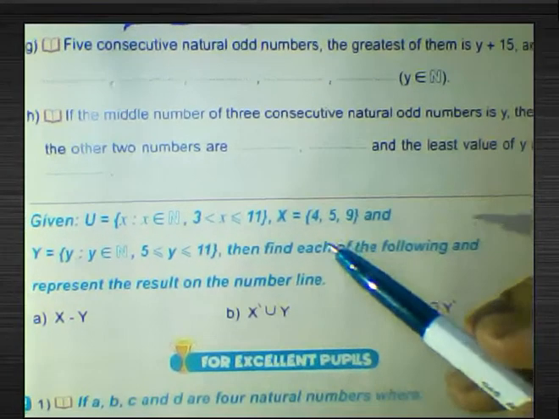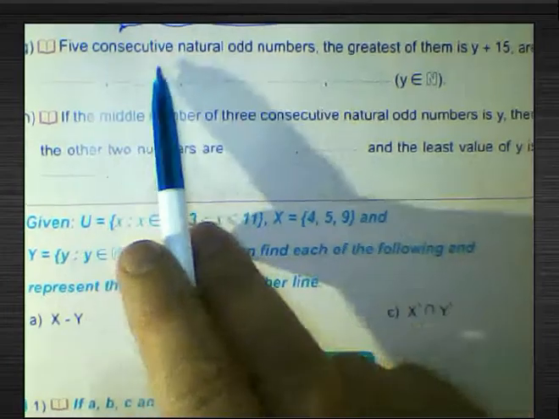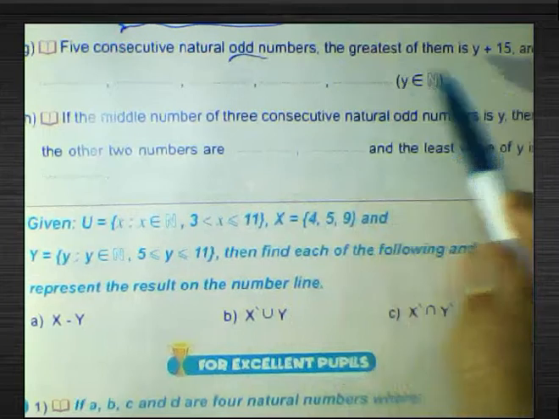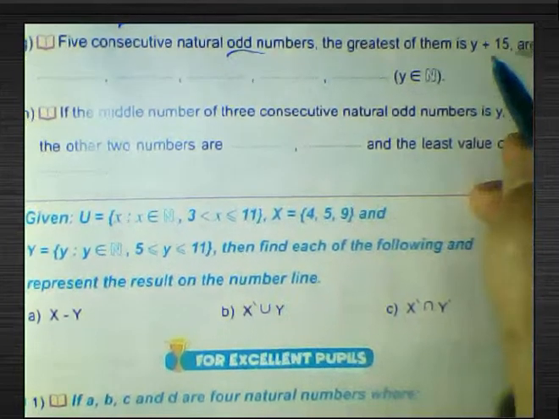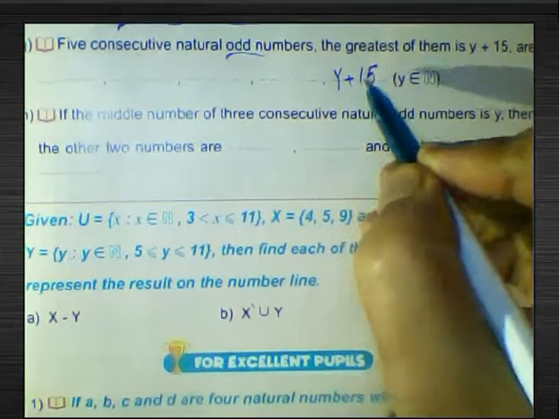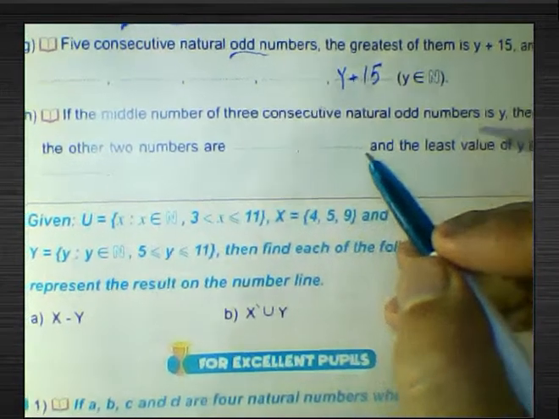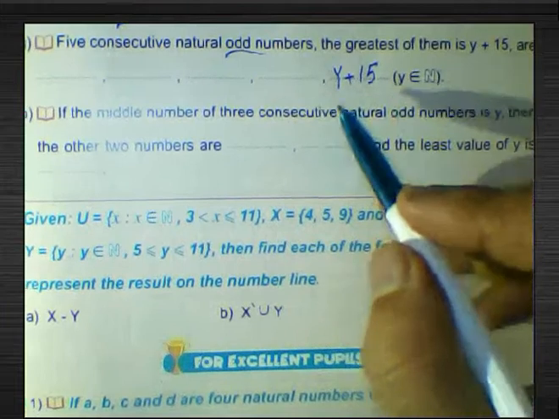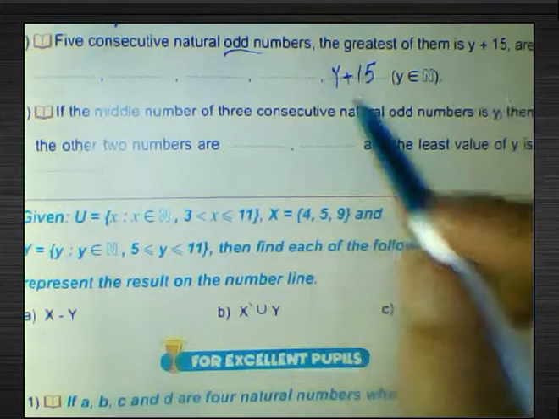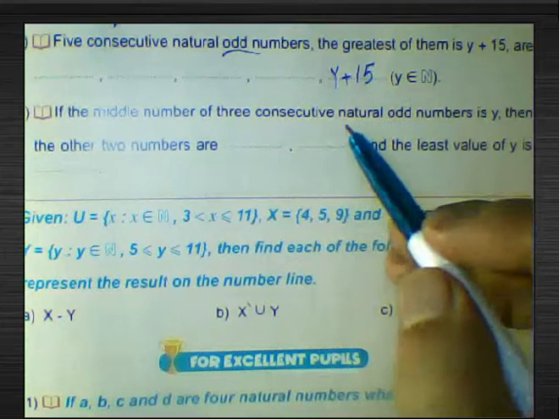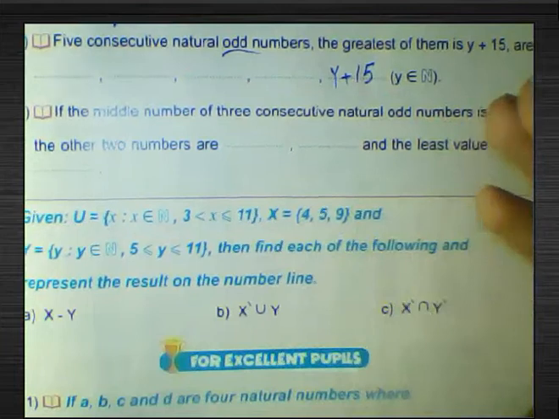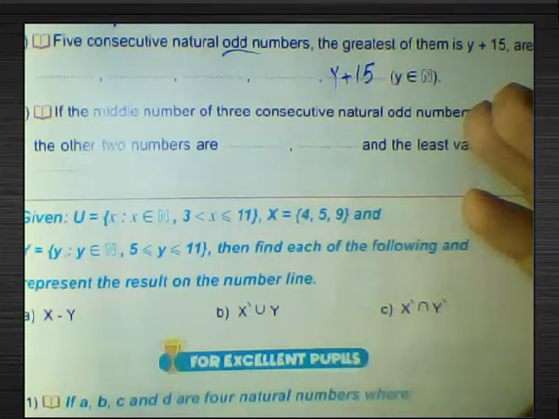Question 9. Five consecutive natural odd numbers, the greatest of them is y plus 15. You can subtract 2 each time, because the odd numbers begin with 1, then 3, increasing by 2 each time.